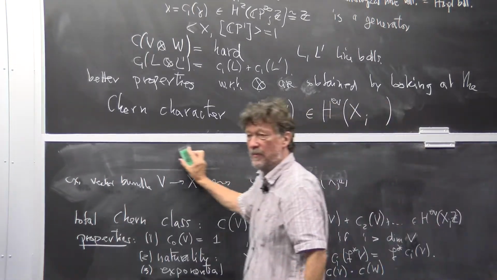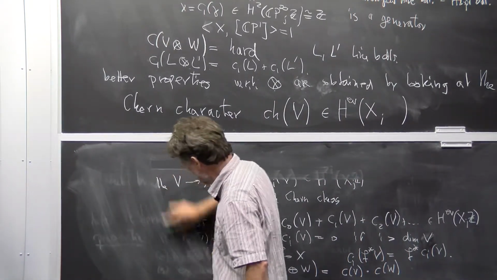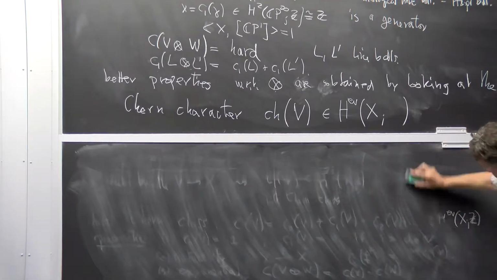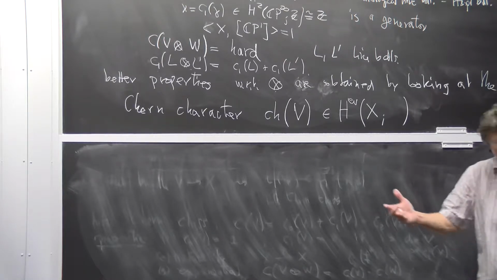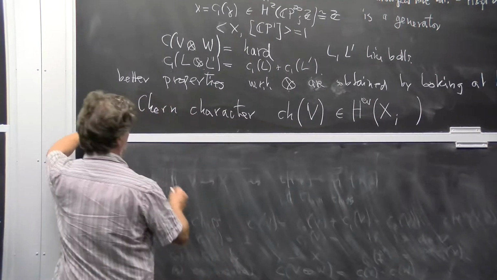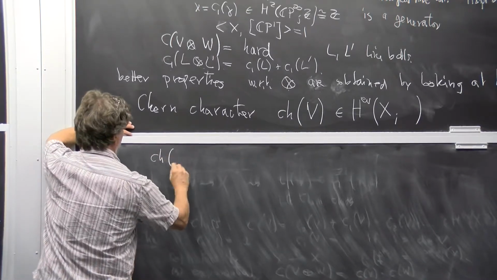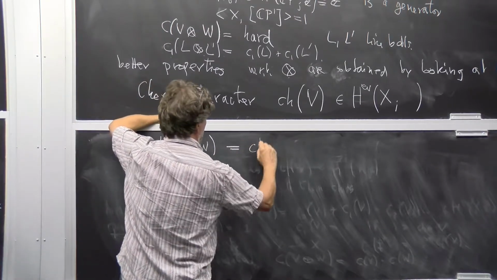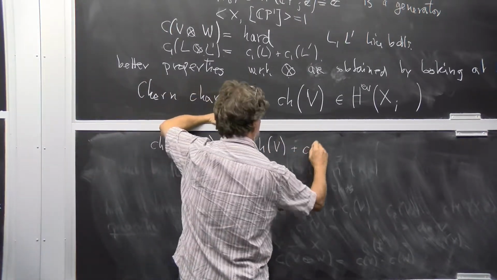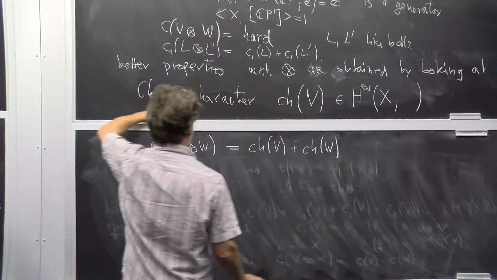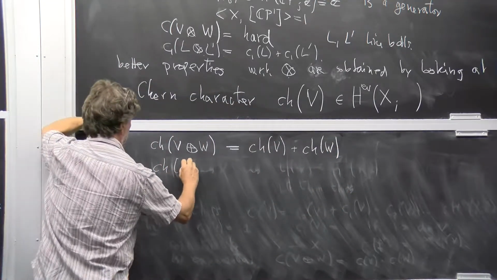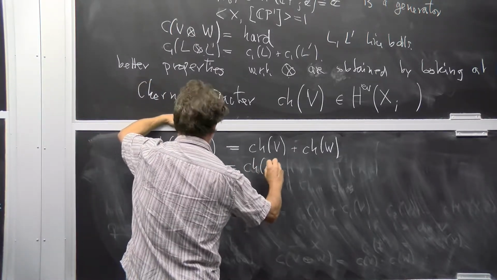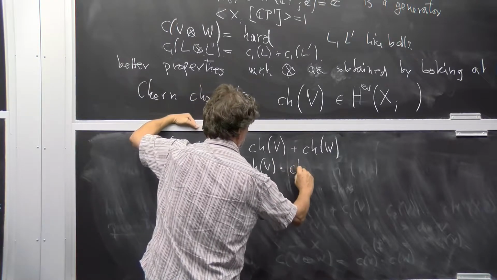So in other words, the Chern character of a sum of vector bundles is the sum of the Chern characters of the summands, and the Chern character of a tensor product is the product of the Chern characters. So couldn't be better.